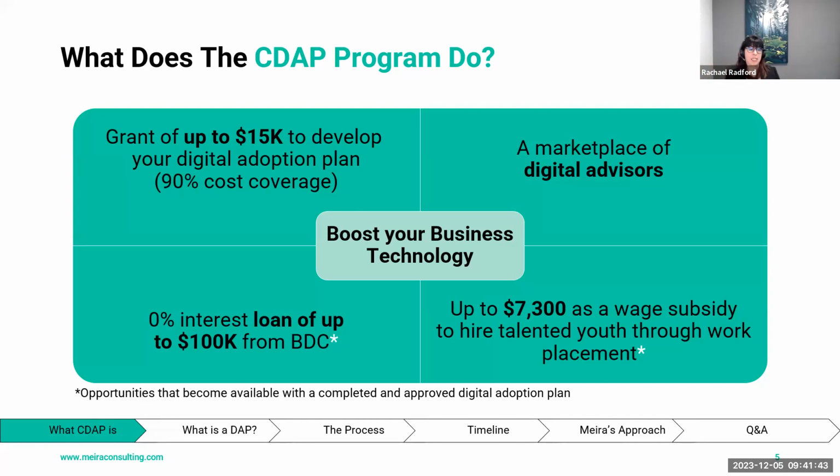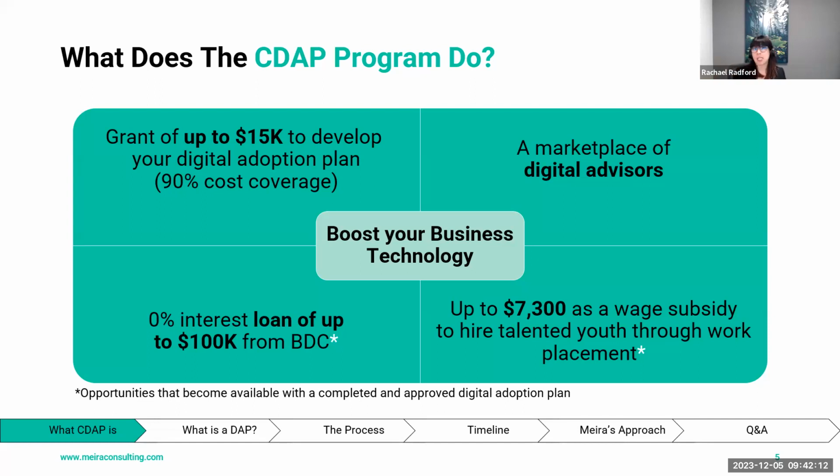The other piece that is helpful within this program is a $7,300 wage subsidy. And this is to support you hiring someone who's going to administer or be a part of the system implementation side of things. So if, for instance, in the digital adoption plan, it said you should get customer relationship management software, the interest-free loan can help pay for the license and any configuration costs associated.